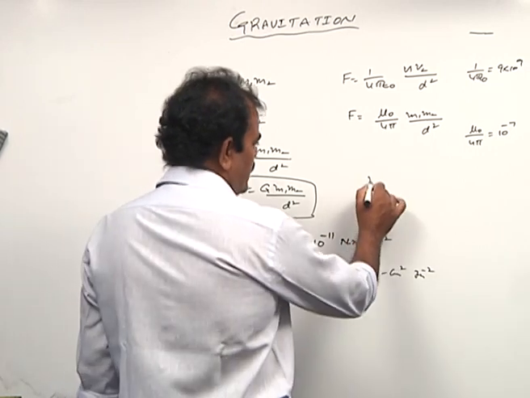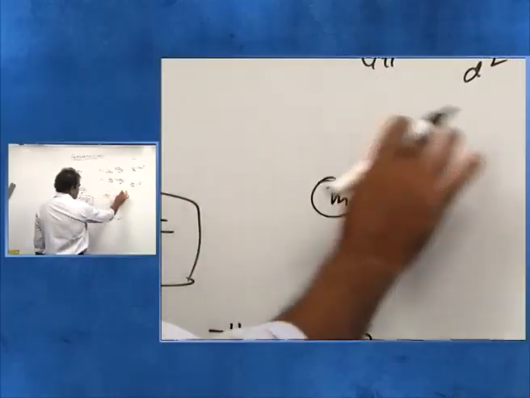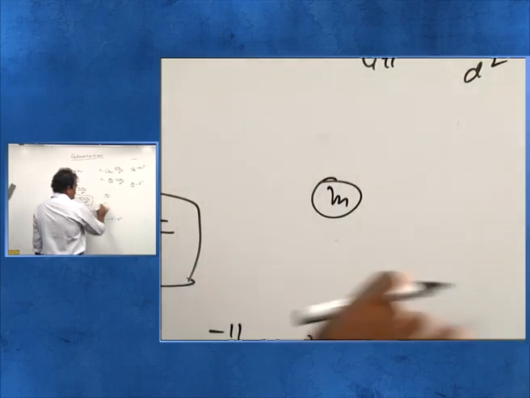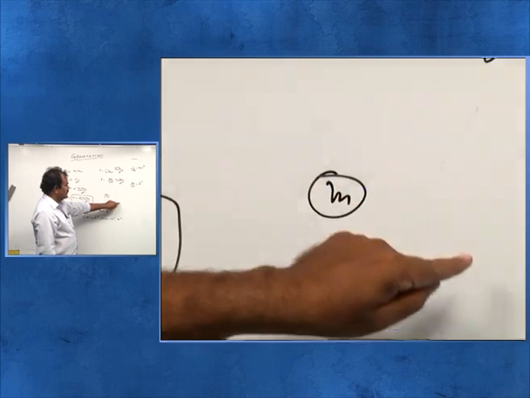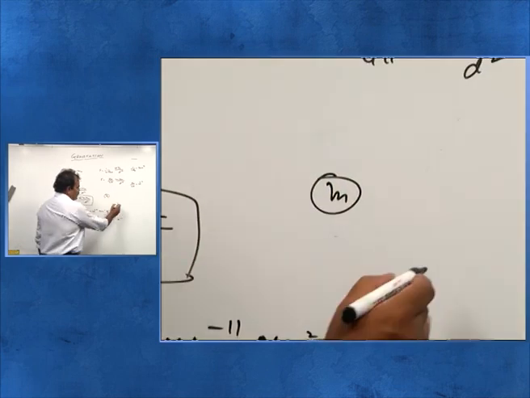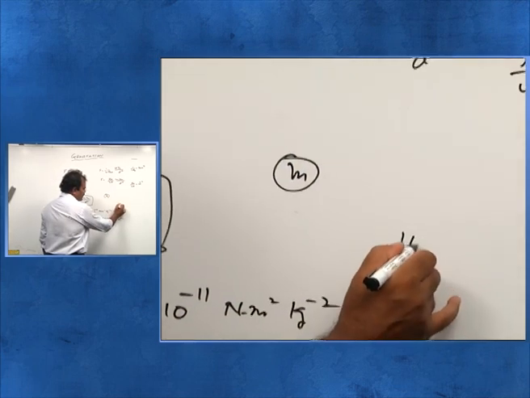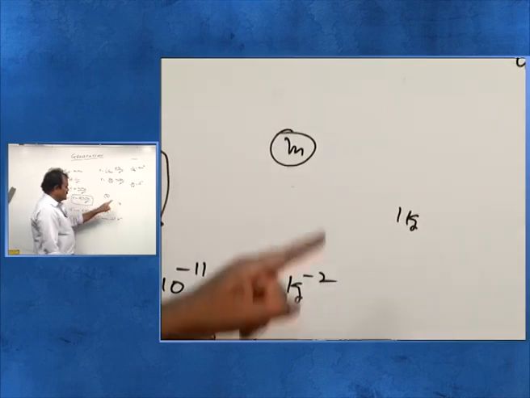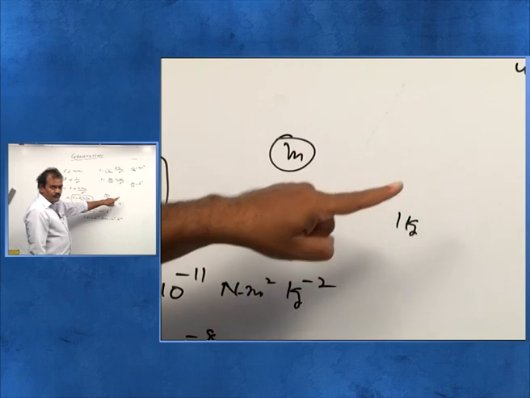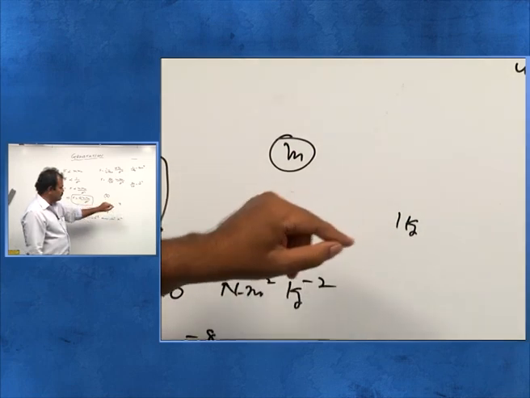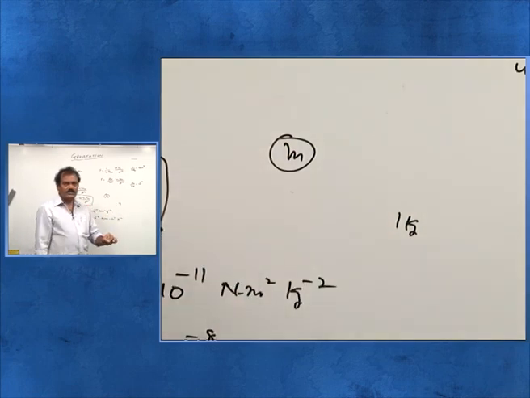Suppose some mass is there and its field is spread throughout this region, and if you take a unit mass somewhere here, that may be 1 kg or 1 gram, the force experienced by this unit mass at that position is known as the intensity of the gravitational field at that point.